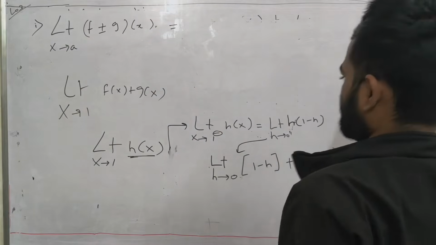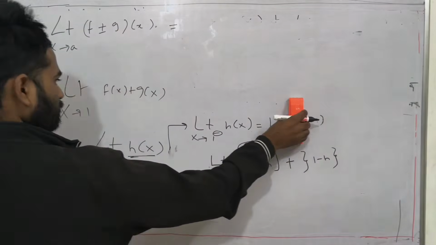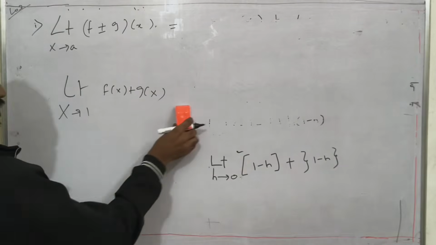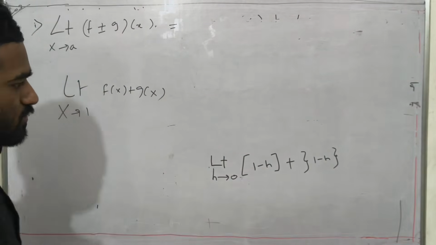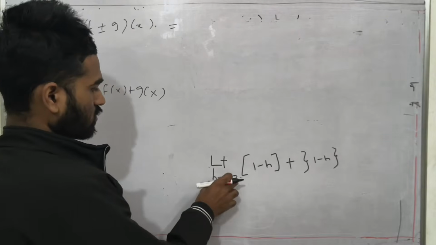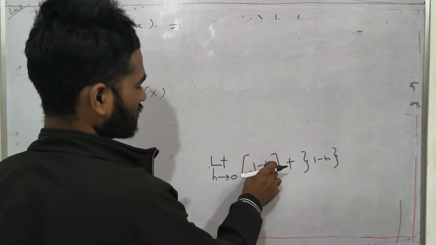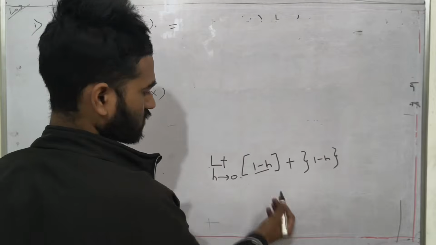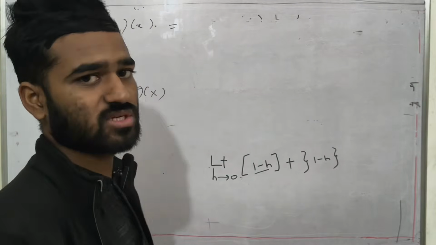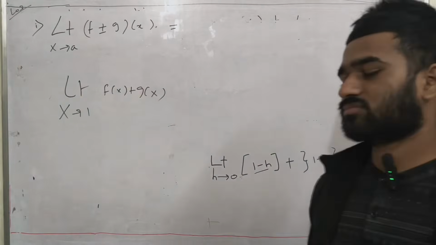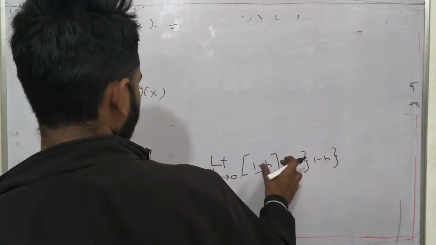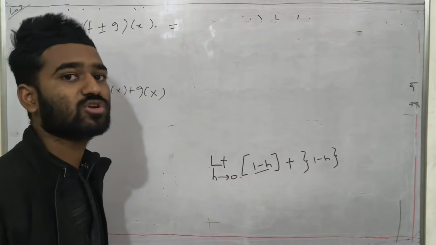ठीक है, so here, limit h tends to 0, this is just less than 1. Okay, since h is positive and infinitely small, step of 1 minus h must be equal to 0.